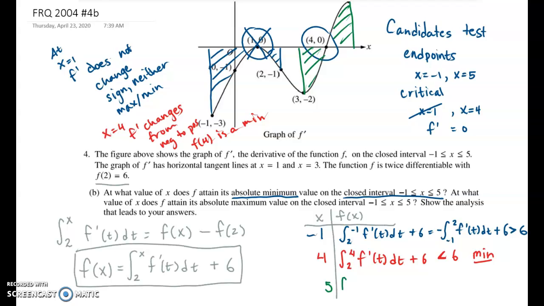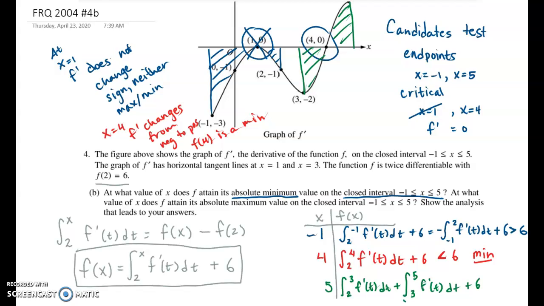So if I go from 2 to 3, and then I do the integral from 3 to 5, and then I add 6.